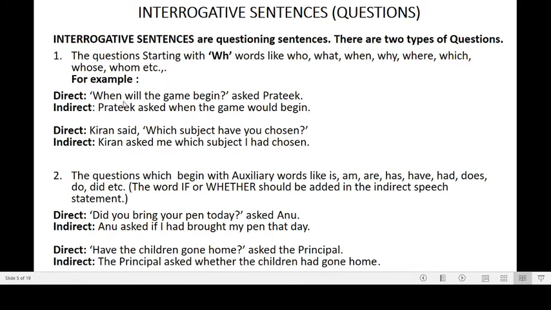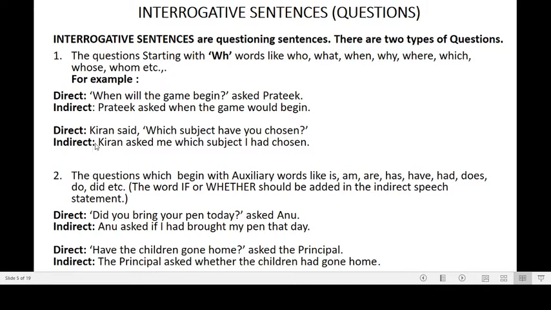While reporting a question-type sentence, you should use the reporting verb asked, and you should use the same WH word that is in direct speech, and after the WH word, you have to use the subject first and then the changed form of "will", the word "would", which has come after the subject.